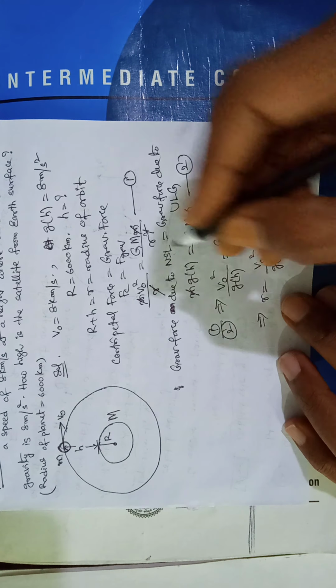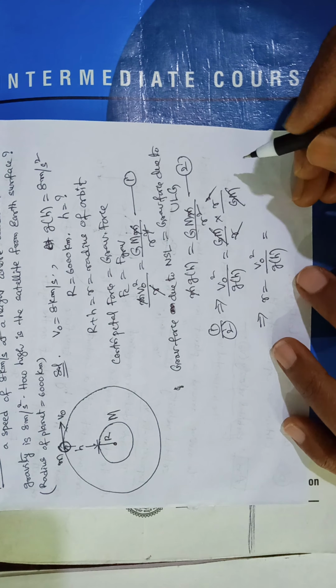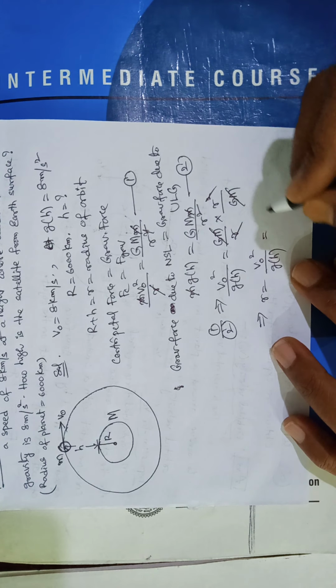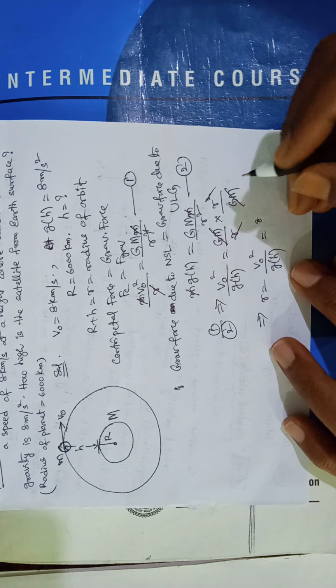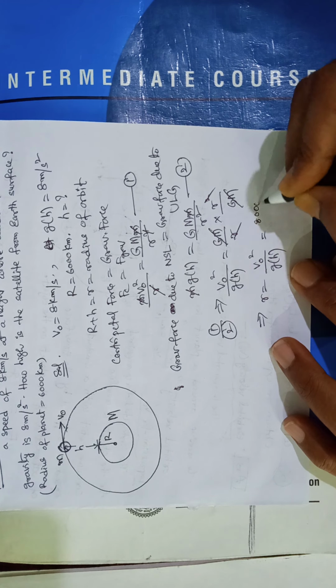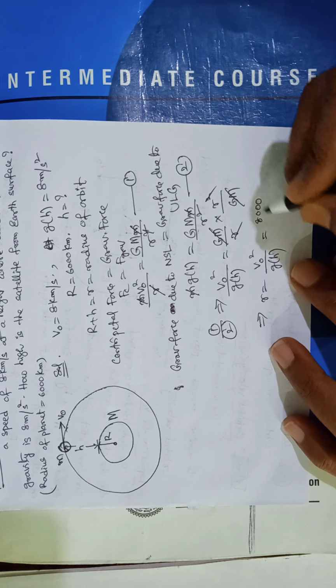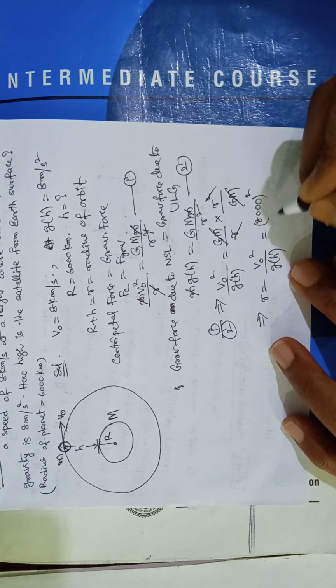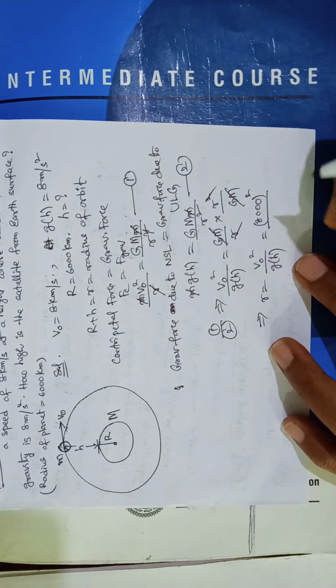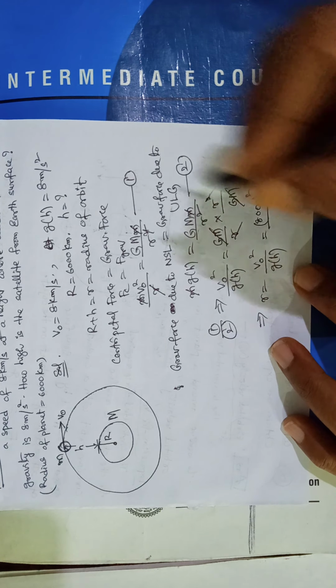The v0 value is 8 km per second, means 8,000 meters per second, whole square, by g of h, 8.